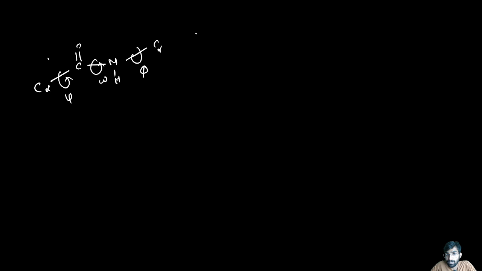I am giving you a reminder: this is C alpha, this is C, O, this is N, this is H, and again this is C alpha. That is called phi, that is called psi, and that's omega. Now I am writing the secondary structure here, and then the phi value and psi value.